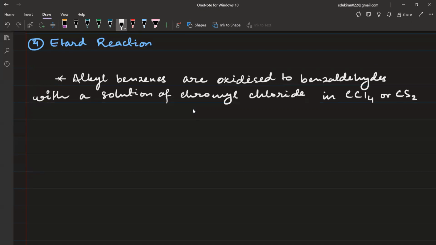Both of these are solvents, these are not reagents. So for chromyl chloride, we need a non-polar solvent. That is why we use CCl4 or CS2.